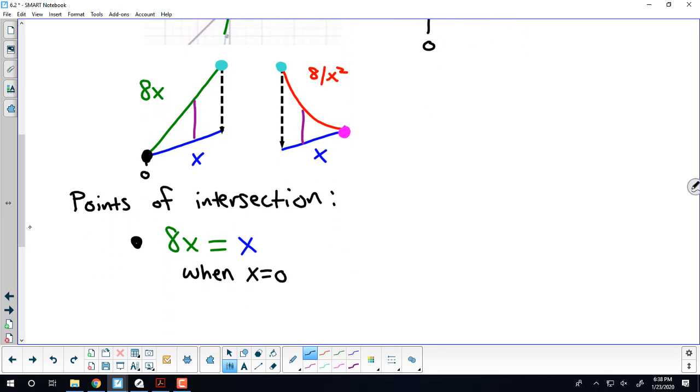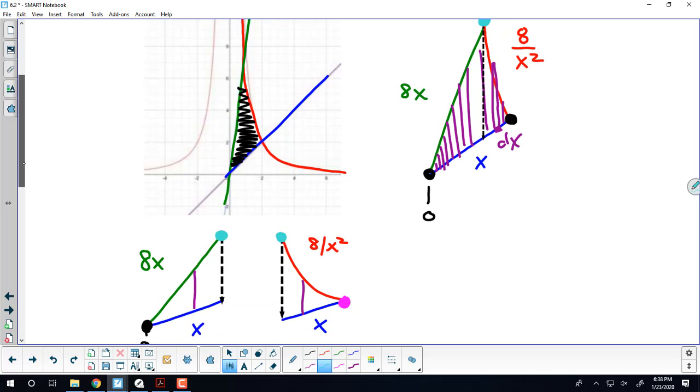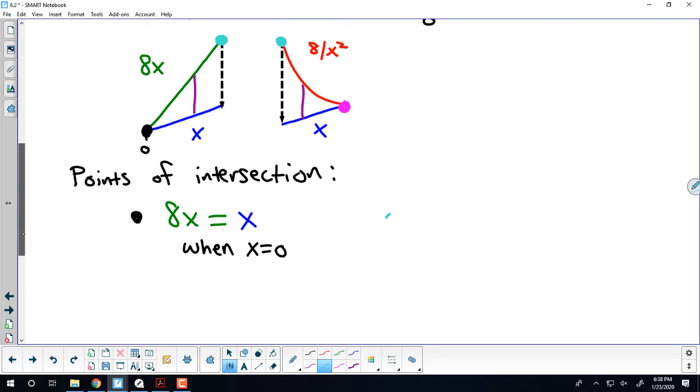The second point of intersection here, let me just do this for this one here. That point of intersection is when 8 over x squared equals 8x. So we'll multiply here by x squared.